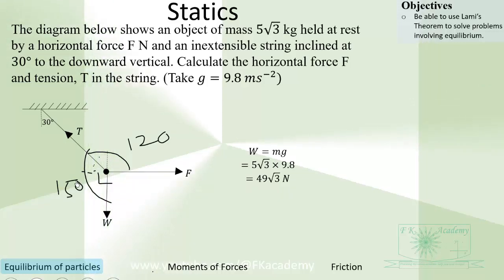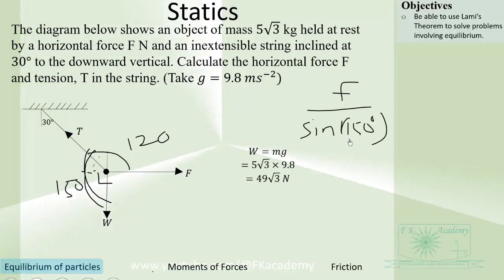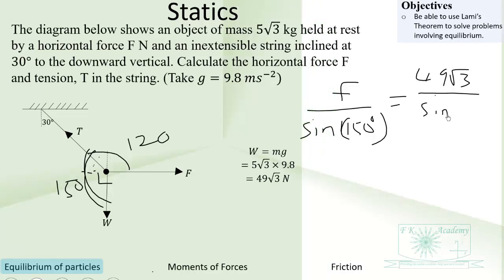So we have F over the sine of the angle opposite it, sine 150 degrees, will be equal to 49 root 3 over sine 120 degrees.